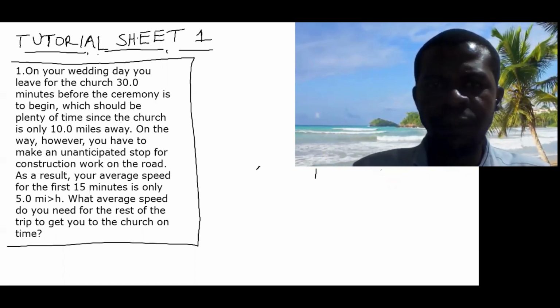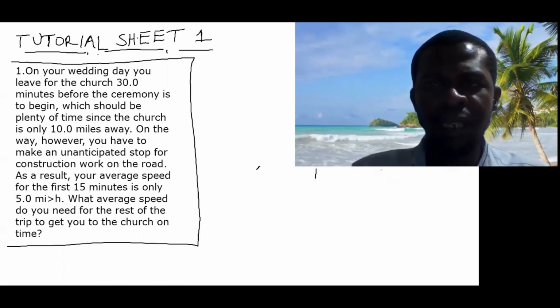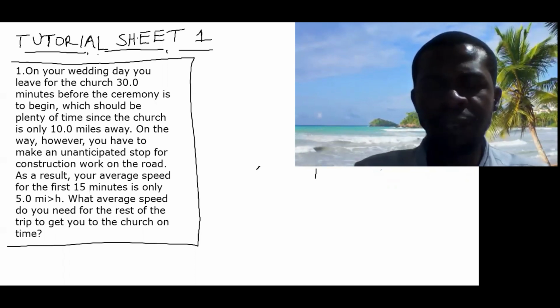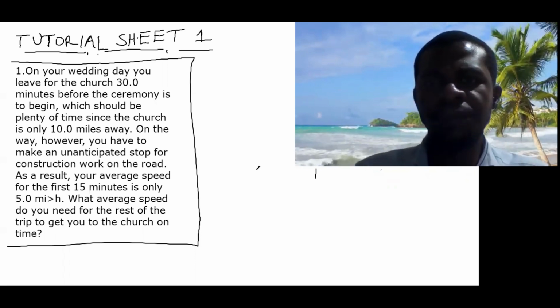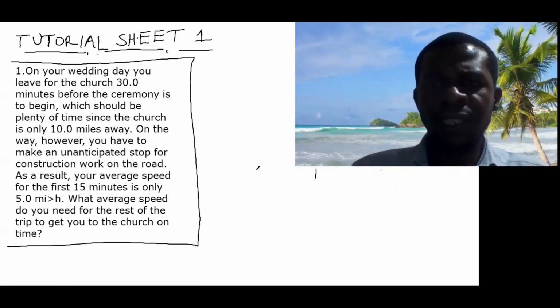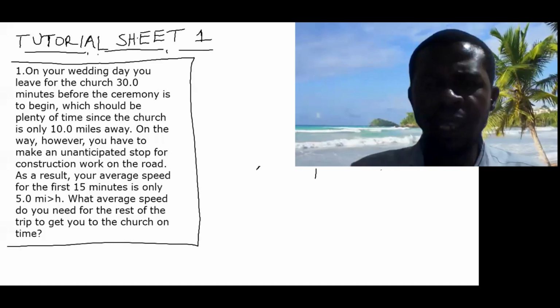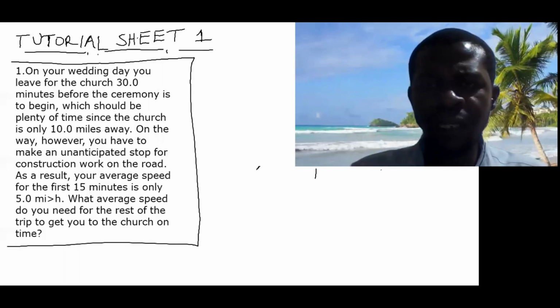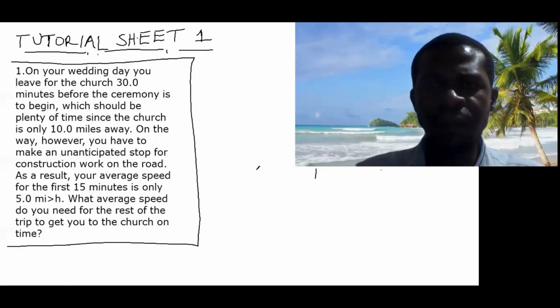Today, I'm going to take you through a tutorial on how to solve physics problems. In particular, we are going to attempt questions from tutorial sheet 1, which deals with kinematics in one dimension. What I want to teach you is how we go about solving physics problems, which I usually call the physics way of solving problems.